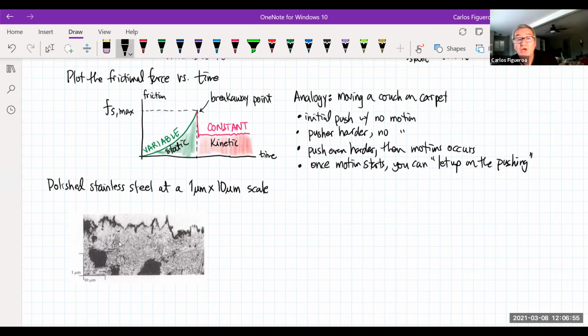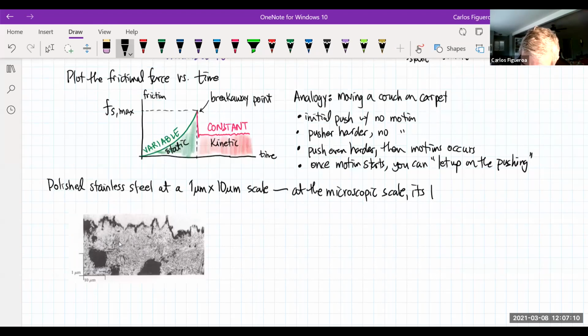In other words, when you look at the microscopic scale, it's rough. What do I mean by it's rough? Look at this thing here.